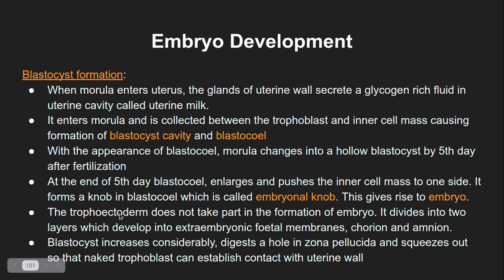The trophoectoderm does not take part in the formation of the embryo. It's only the inner cell mass which forms the embryo, and not the outermost layer, the trophoectoderm. It divides into two layers which develop into extra embryonic fetal membranes called chorion and amnion. We will see these two membranes later.